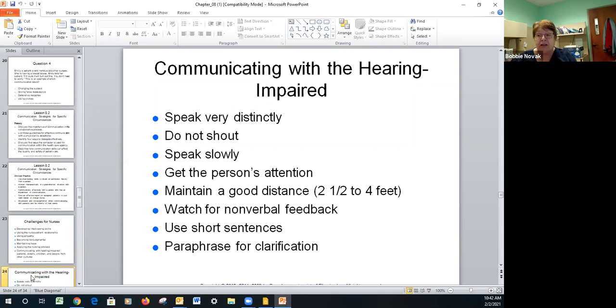And it makes it a challenge with masking these days. We want to be about 2.5 to 4 feet away from the patient. You don't want to be across the room. You want to watch your patient for nonverbal feedback to see if they're actually understanding the message you're giving. That's all part of your communication loop. Use short sentences, and sometimes you have to paraphrase what you said for clarification. Okay.